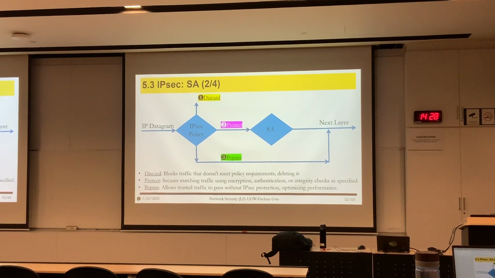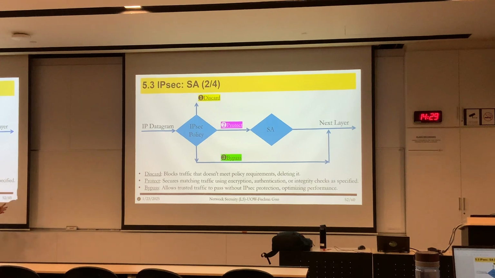The most important thing related to the IPsec protocol is that this packet should be protected. That will be decided by the IPsec policy. So we will go to the protection part. On the protection part, the SA will do something.